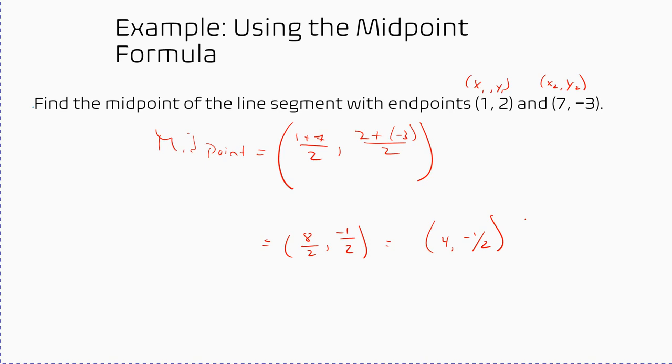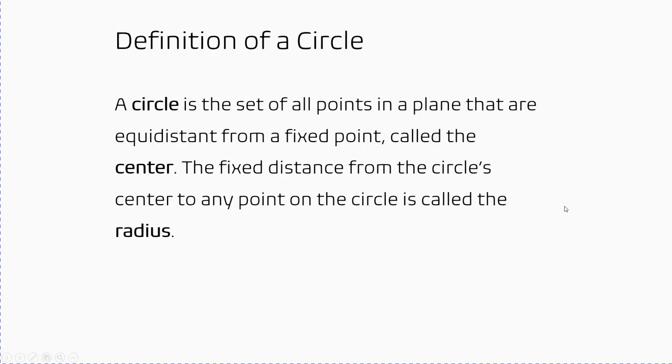It's pretty straightforward. Okay, what we want to now talk about is a circle. A circle we've all seen before. My circle is going to be terrible. That's actually not too bad. But this is kind of like a circle here. A circle is the set of all points in a plane that are equidistant from a fixed point called the center.